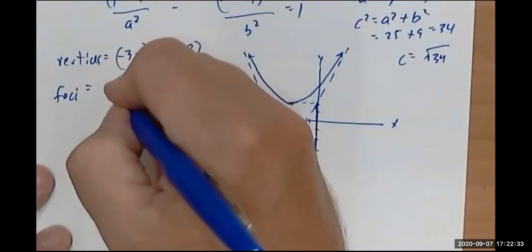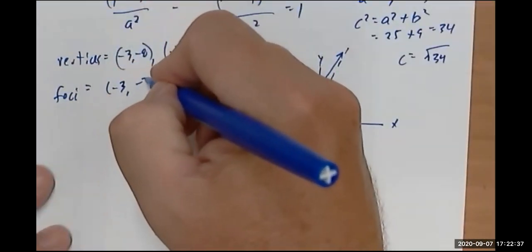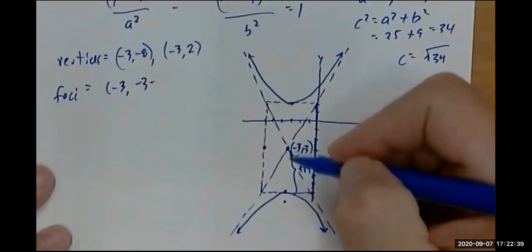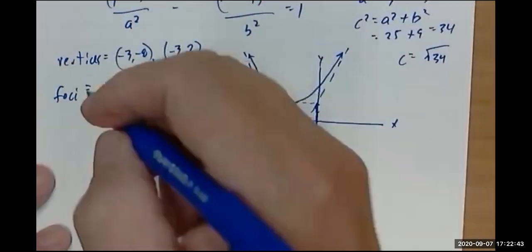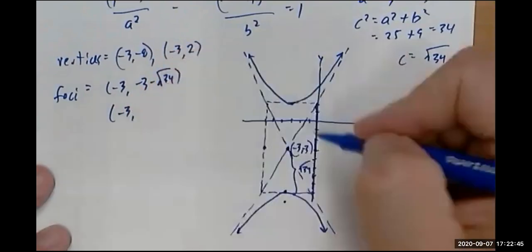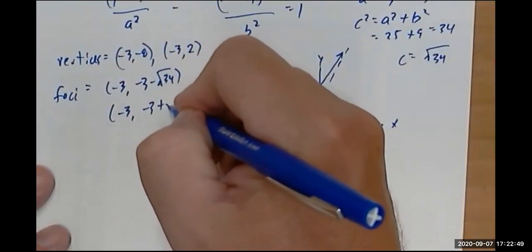So we're at -3, and the y is -3, and I subtract square root of 34. And then the focus above is going to be -3 plus square root of 34.